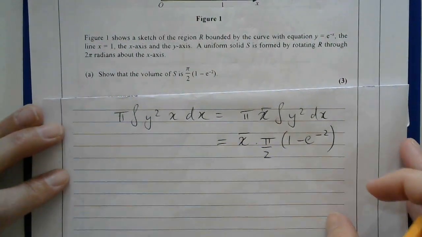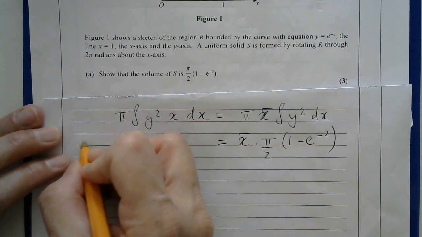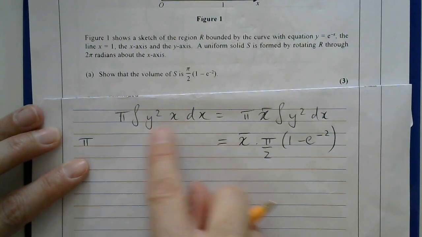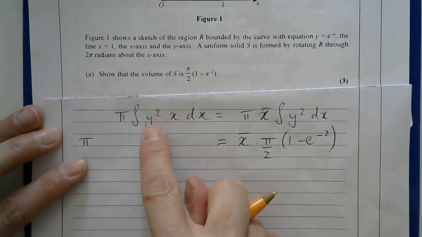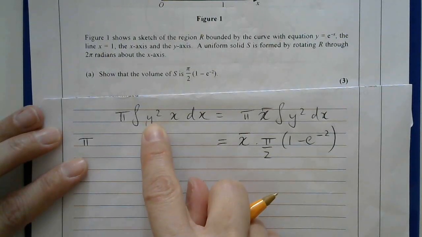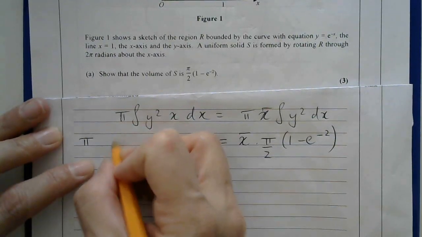Okay, and now for the left hand side. So here I have pi, and I integrate. It's very similar to what I did before. So here I know I'm going to end up with e to the negative 2x, but now I have this x in here as well.